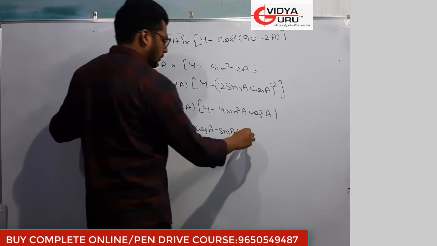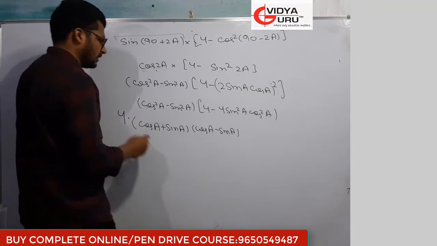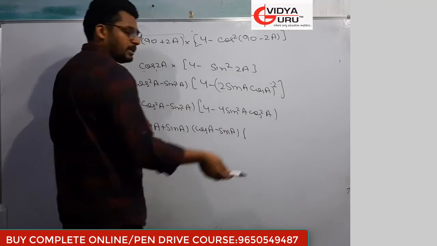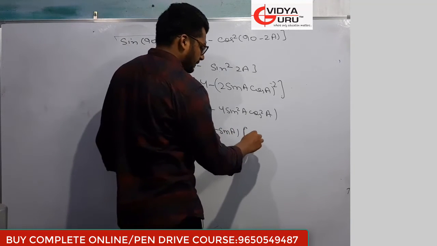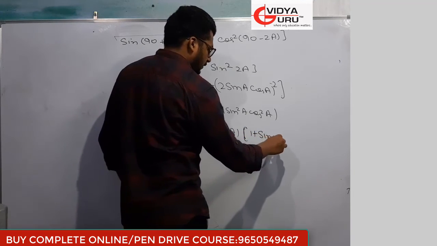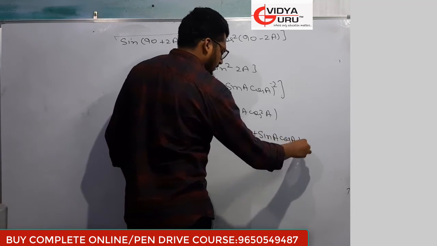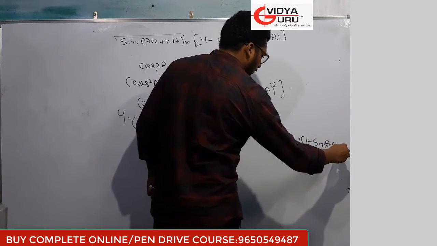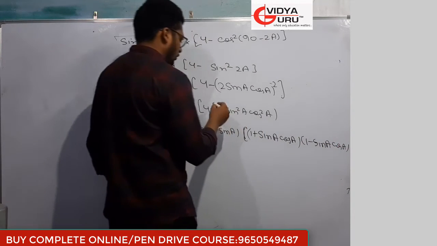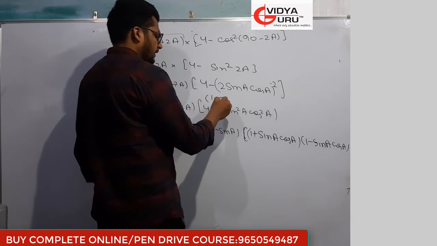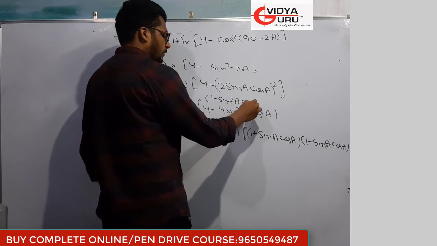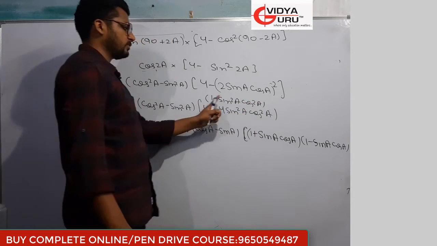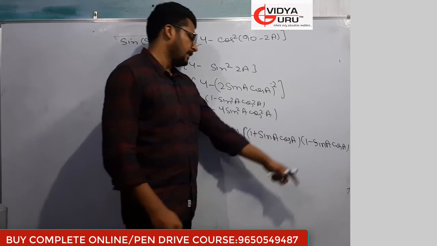I can take 4 common, and this will form 1 minus sin square a cos square a, which can again be written as (1 plus sin a cos a) and (1 minus sin a cos a). Again I have applied a square minus b square, which is (a plus b)(a minus b).